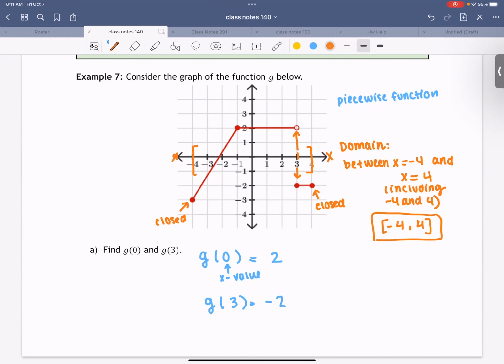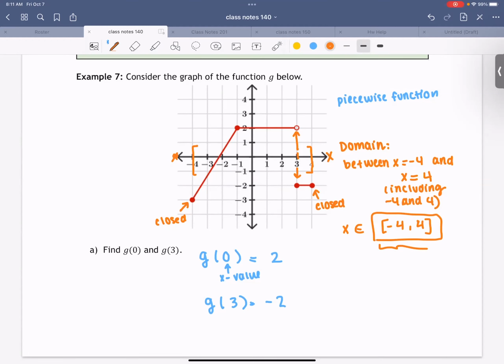Okay. Sometimes you'll see this X with this symbol. Okay. But if you're doing a problem on WebAssign, and you're asked to find the domain and range, you probably want to use this notation because it's very precise and it's kind of what it's looking for. Okay. Any questions on the domain?